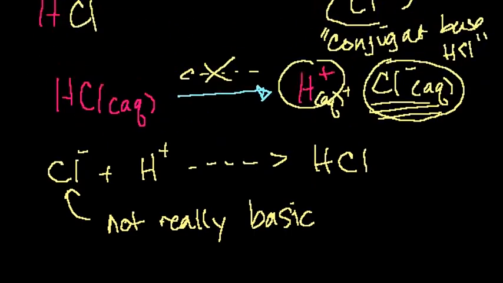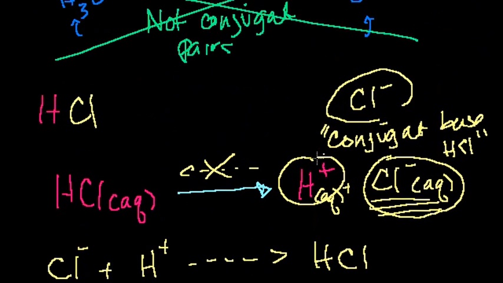Like in the case of hydrochloric acid, if I had a big solution of just chlorine anions in water, at super high concentration, it's not going to do anything to change the actual hydrogen or hydroxide concentration in the water, because it's less basic than the water itself. It doesn't want to take or give anything to the water.